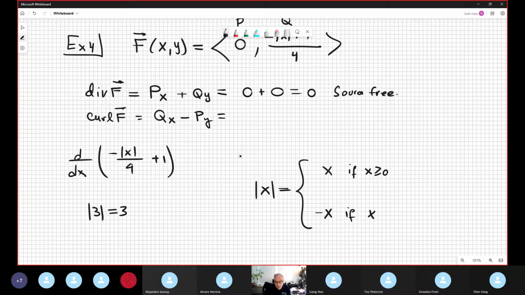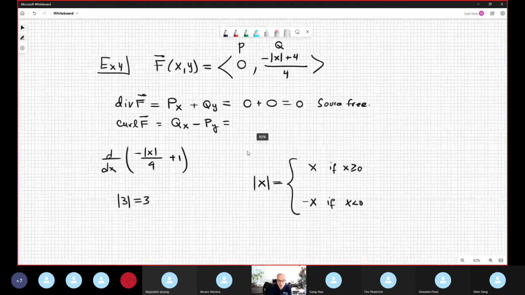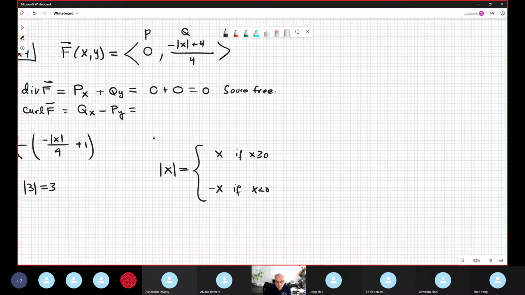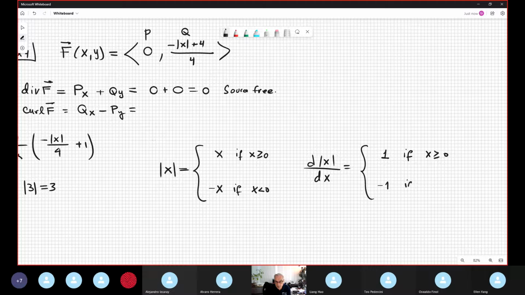This is the formula, no? To compute the absolute value. If you differentiate that, it's easy because in a piecewise function, you differentiate one piece by one piece. For example, you differentiate x with respect to x, it's 1. You say equal 1 if x is greater than or equal to 0 and negative 1 if x is negative.